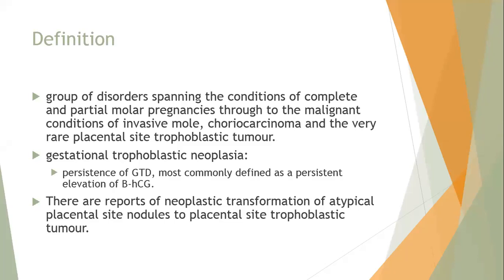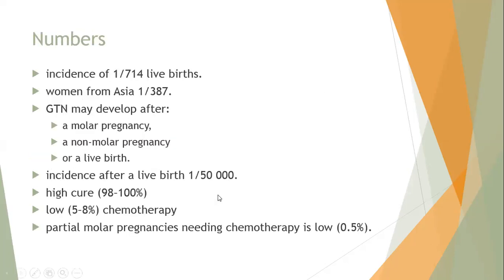When we find a persistent elevation of beta HCG, the first thing that will come to mind is gestational trophoblastic neoplasia. GTD can develop over anything, but there are also reports that neoplastic transformation may occur on atypical placental sites, which will transform to placental site trophoblastic tumor.